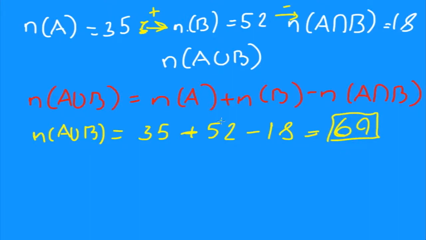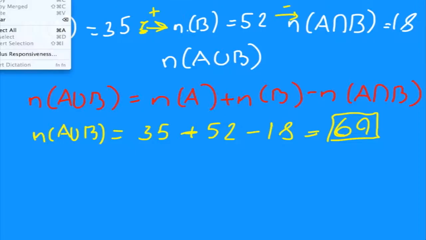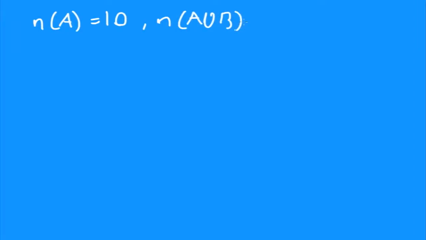There you go. Now, let's say that we have n(A) equals 10 and n(A ∪ B) equals 28 and n(A ∩ B) equals 6.